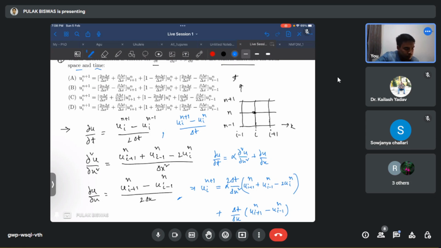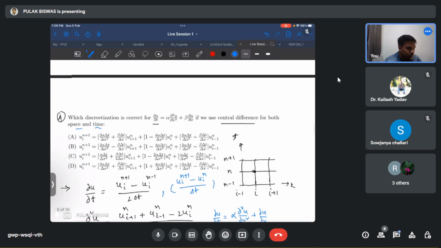Now for this one, you use central difference, and for the time you use this one. Beta is there somewhere. Okay, I missed the beta.